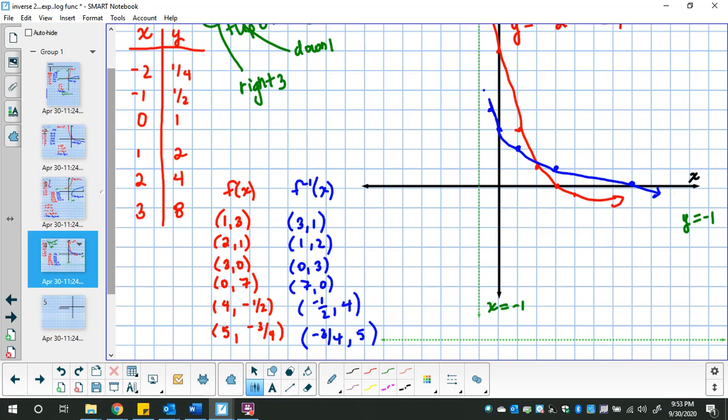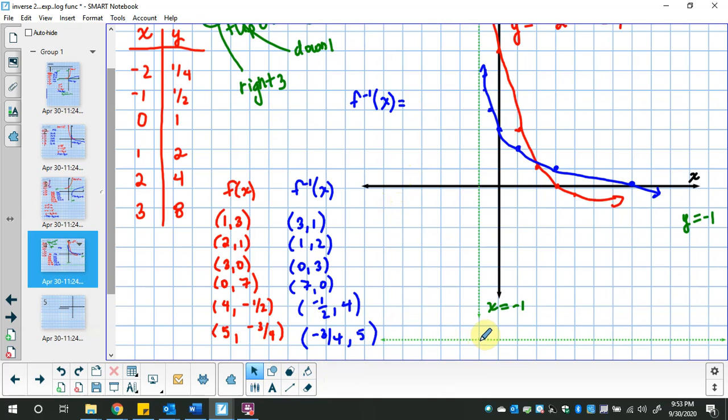Can you hear me sighing as I do this? And that is f inverse of x. Turn my head 45 degrees and awful, but yeah, it works.